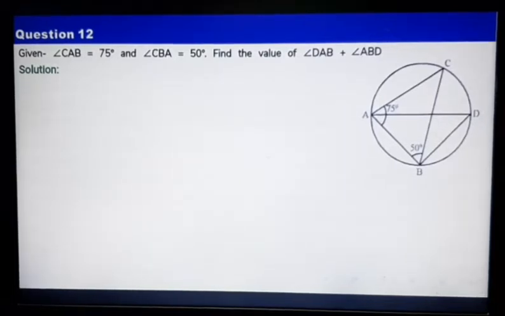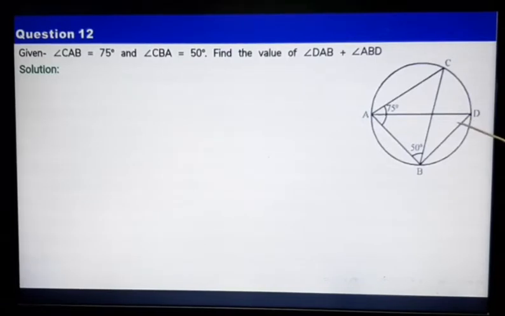We see that this AB is a chord which divides the circle into two segments, and AB is making two angles in the same segment, that is this upper segment. In the upper segment, AB is making two angles, this angle and this angle. That means they must be equal to each other.